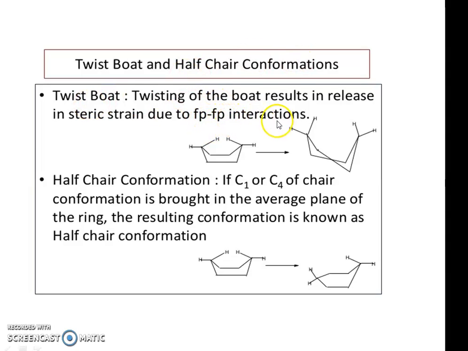These are the 2 flagpole hydrogens. When the boat is twisted, you can see this twisting releases some strain caused by the hydrogens being side by side, which we call steric strain. The interaction due to the steric effect of the 2 hydrogen atoms is released after the twisting.